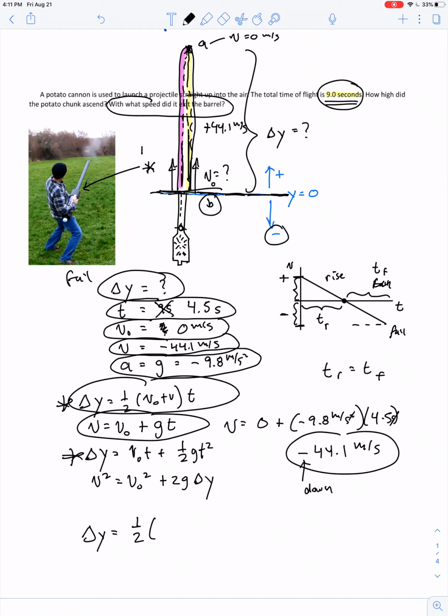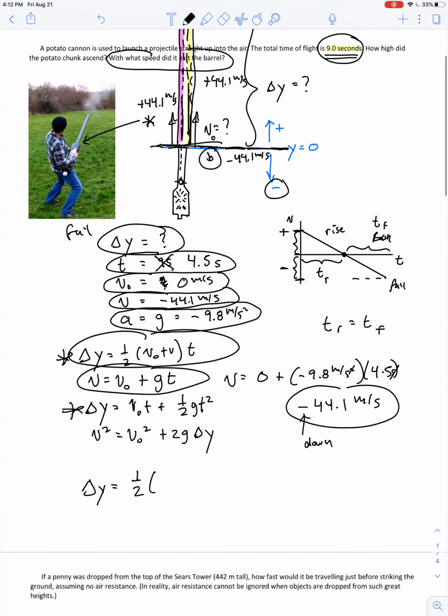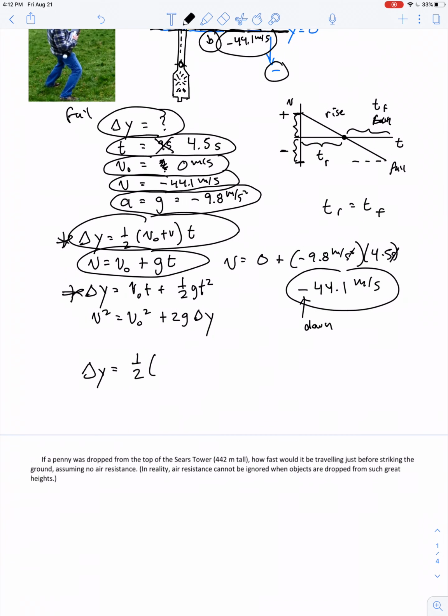So we know it starts out with positive 44.1 meters per second, reaches a velocity of 0 at the top, and then returns to the ground with a velocity of negative 44.1 meters per second. So if we used positive 44.1 as the initial velocity and negative 44.1 as the final velocity, let's see what we'd get by applying this equation.